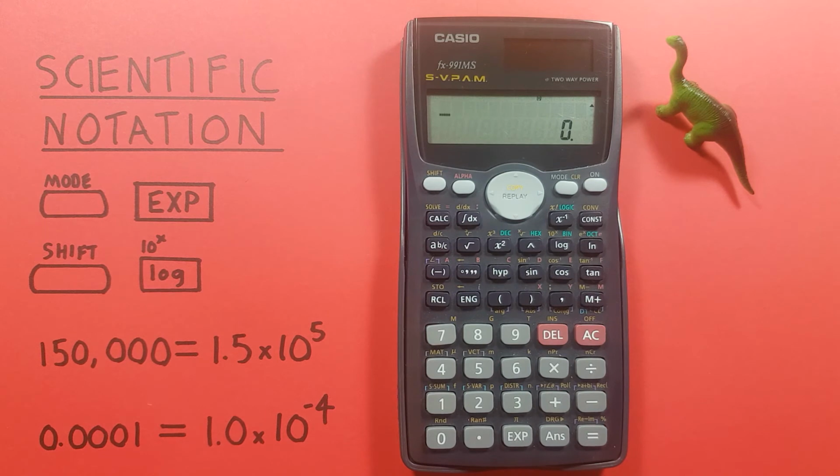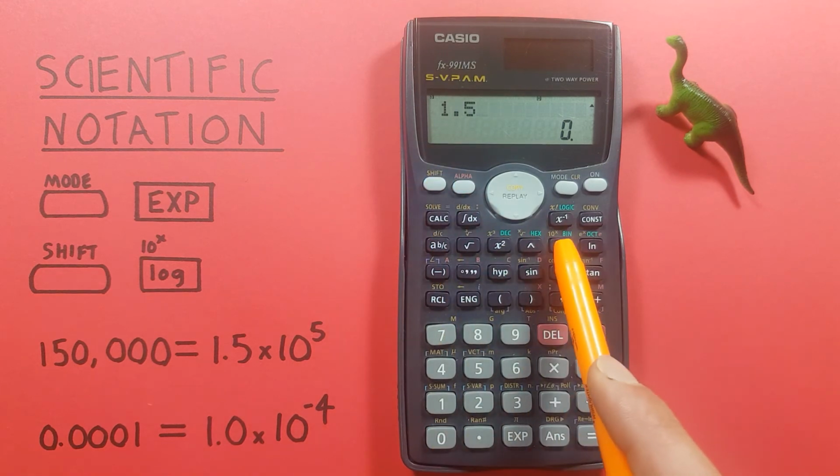There's another longer way to do this. If you just want to press more buttons, you can use shift log, which has a shift function of the times 10 to the exponent. It works the same as the exponent key. So again, if we had 1.5 times 10 to the power of 5, we could enter it as 1.5 shift log.